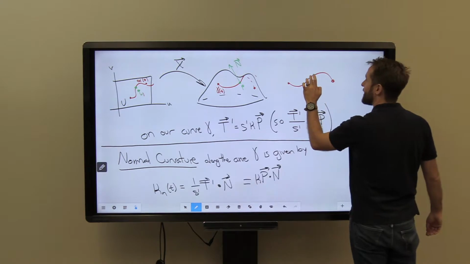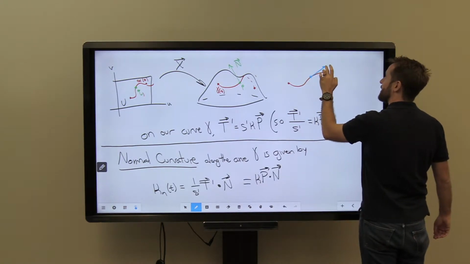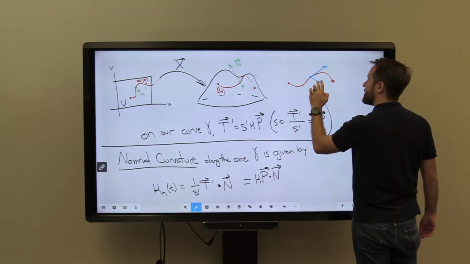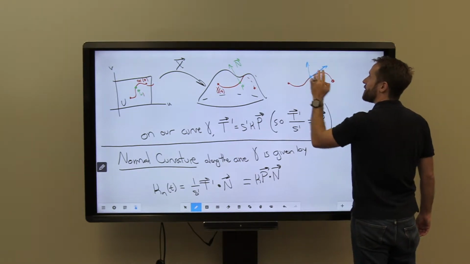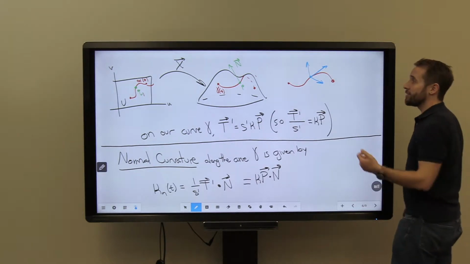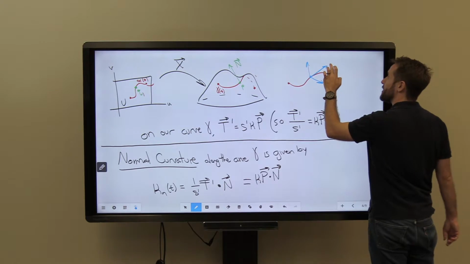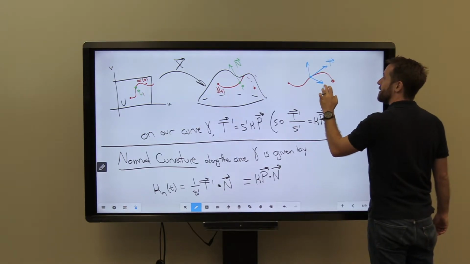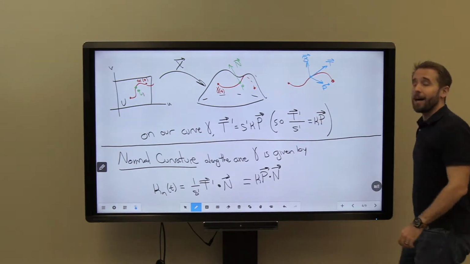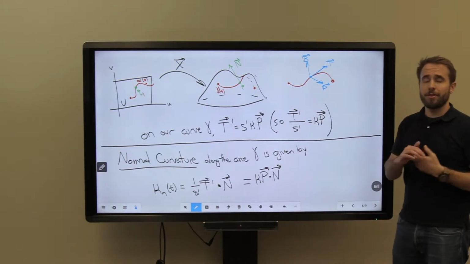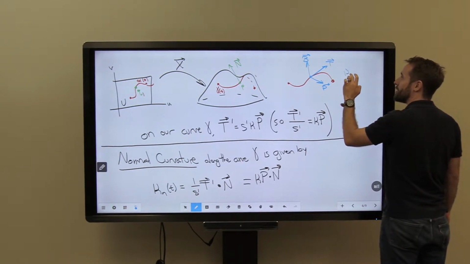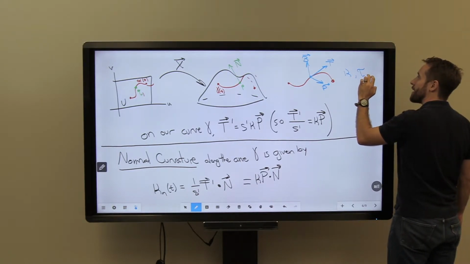So if I'm looking at that same point, I can calculate its unit tangent vector, its principal normal vector, and its binormal vector. All three of these will be perpendicular to each other, so they will be orthonormal to each other. We can have our T, our P, and our B. And then we can also calculate the curvature and the torsion at every given point.